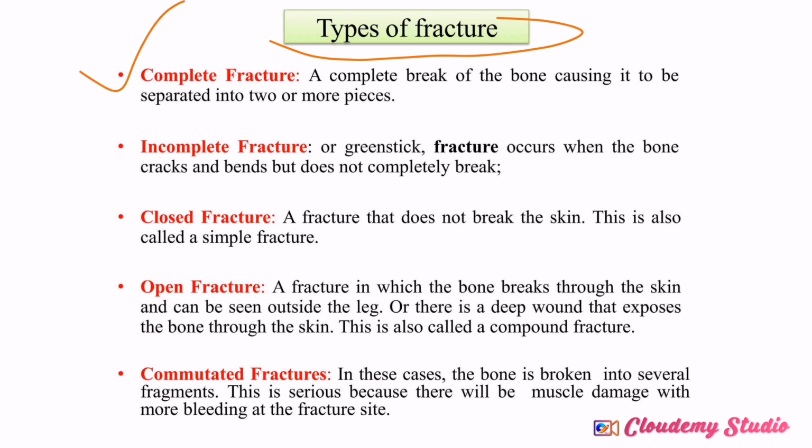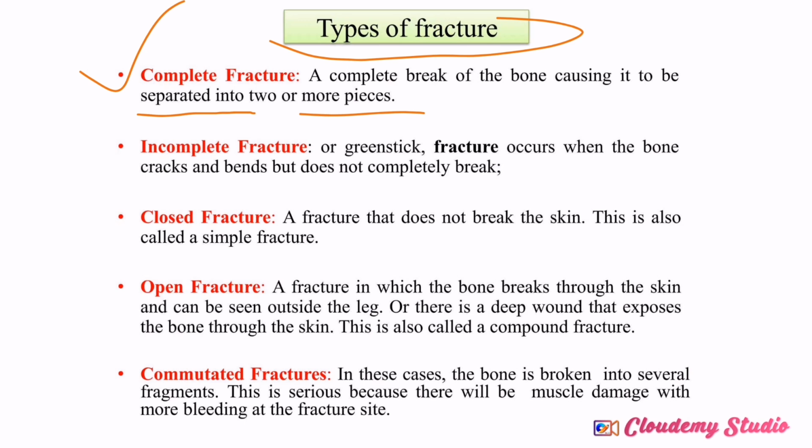A complete fracture is a complete break of the bone, causing it to be separated into 2 or more pieces. It makes the bone get separated into 2 or more pieces. Then you'll be able to tell that this is a complete fracture.